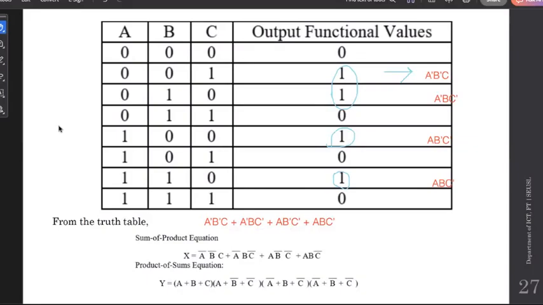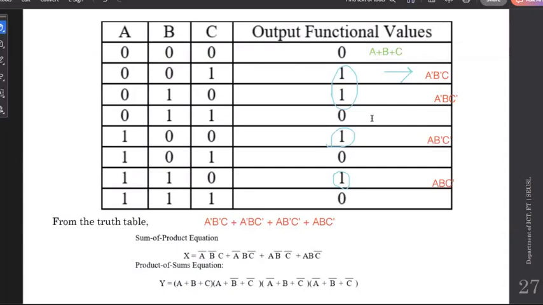For the product of sum, you have to check 0. So for this 0, you are going to focus on this one, this one, this one, and this one. Now we will find out every place. For this one, A 0, B 0, C 0, to have this 0, what should it be? A plus B plus C. That's all.